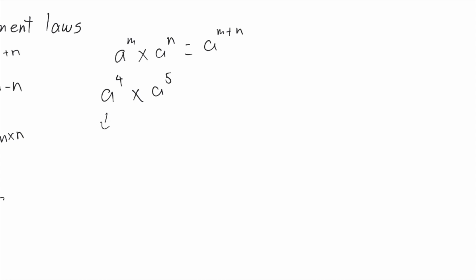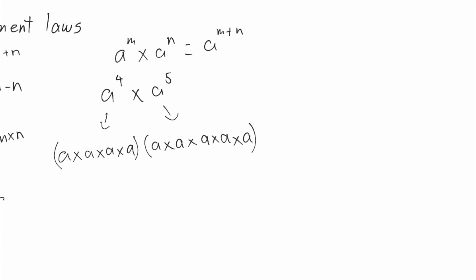Well, a to the power of 4 expands to a times a times a times a. All right. Now, for our next one, a to the power of 5, we don't need to put the multiplication in the middle there because remember, in algebra, by default, it's always multiplication. So a to the power of 5 expands out to a times a times a times a times a.